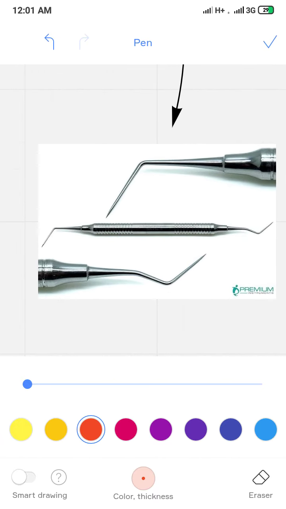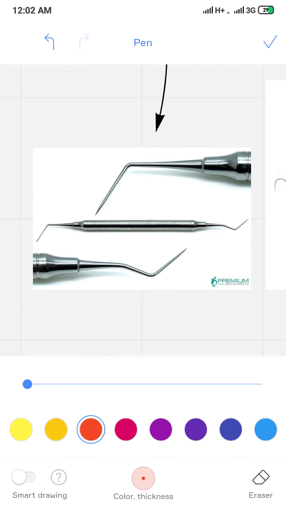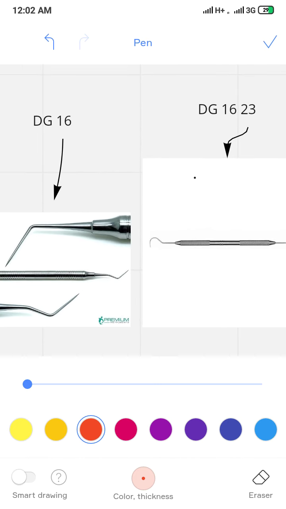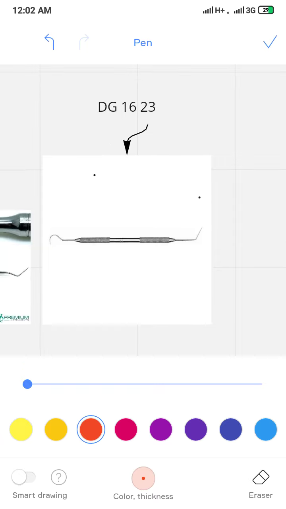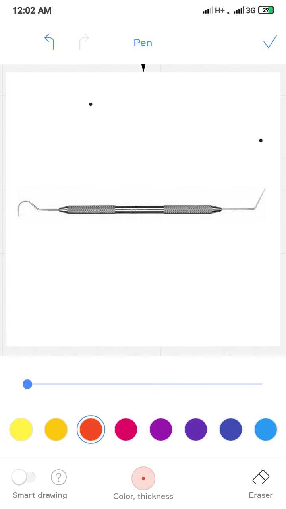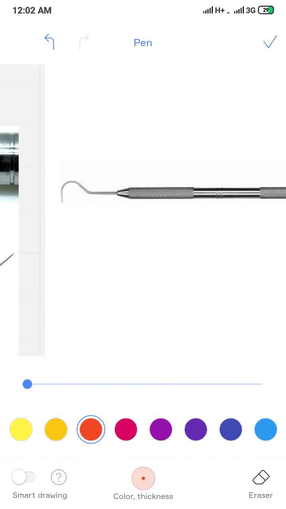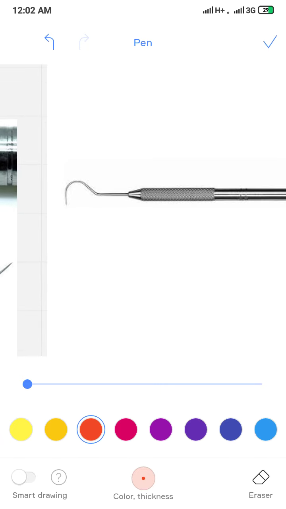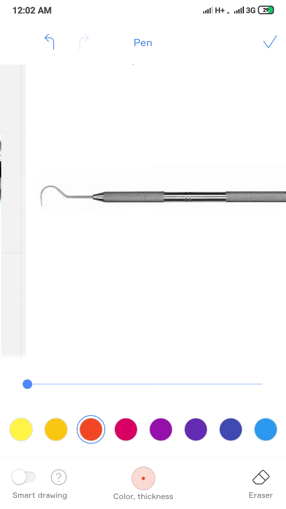As you can see, the angulation is about 120 degrees, and it's very easy to poke around distal canals, but when exploring the mesial canals, it gets a bit tricky. So there is another explorer, DG1623, which has a curved C-shaped exploring end that makes exploring the mesial canals easier.